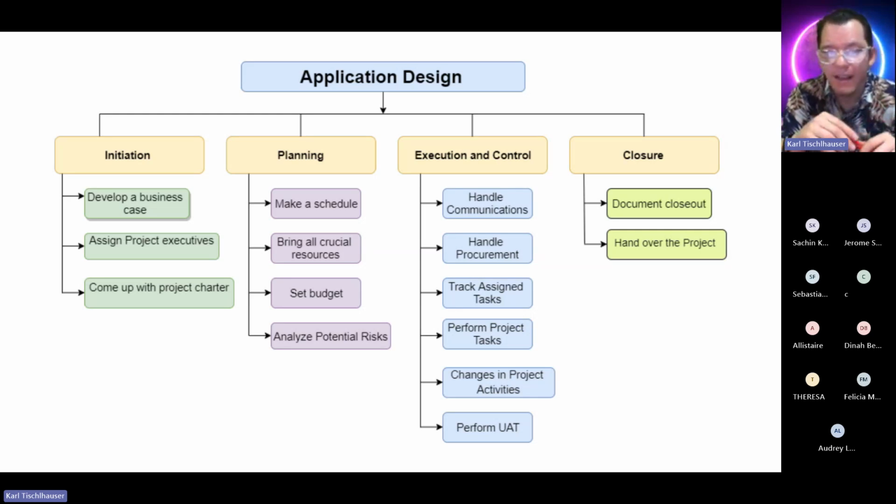Okay. Then we have execution and control. So we handle communications, you handle procurement. Remember, procurement is the process of getting resources. So you pick a supplier, you look for the best price, but also the best possible quality. It's finding that balance. Okay. Then track assigned tasks. Based on the work breakdown structure and who you've allocated to do certain tasks, you keep track of that.